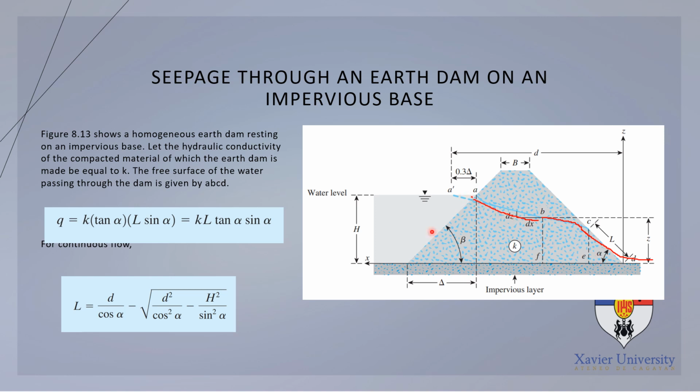So the rate of seepage can be calculated through this equation, where L is equal to D cosine alpha. Alpha is here, and then the angle beta here. So automatically, if our problem concerns an earth dam and we are asked to calculate the seepage, we are going to use this formula, and this as well.